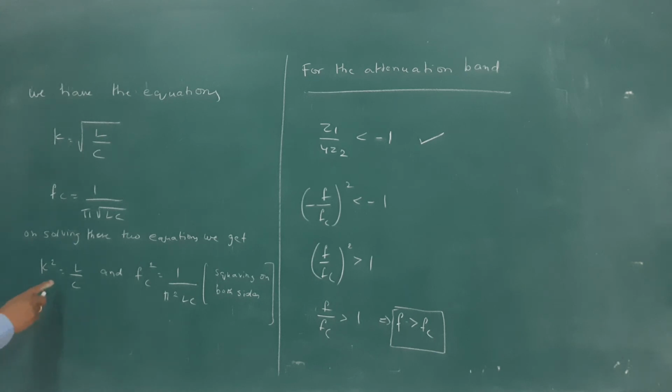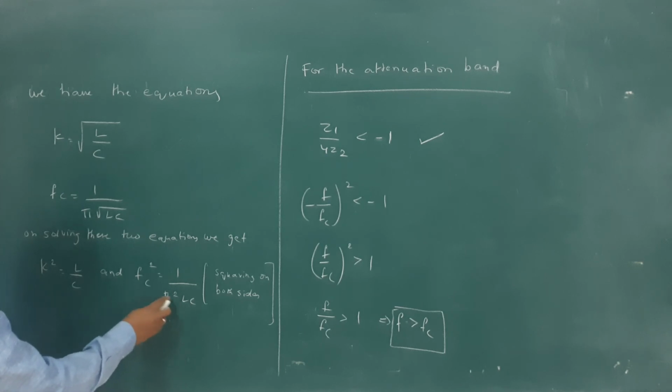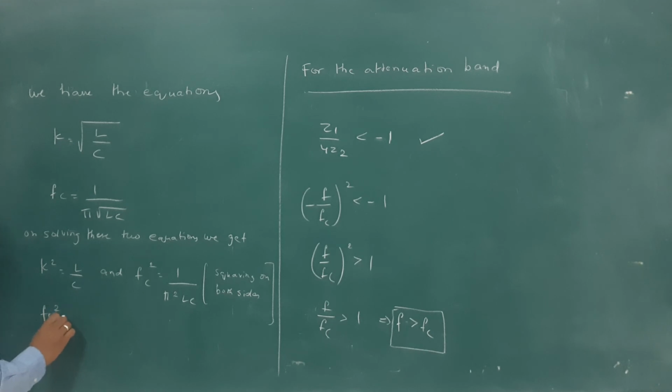Combining, fc square into pi square into LC is equal to 1.